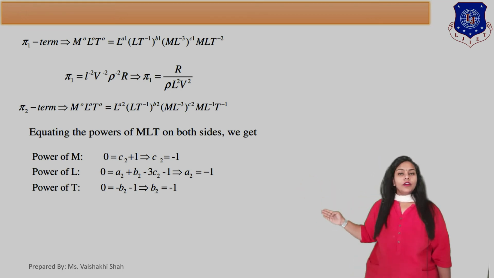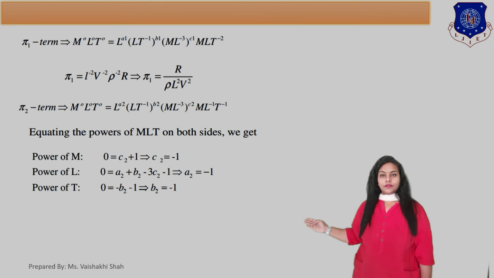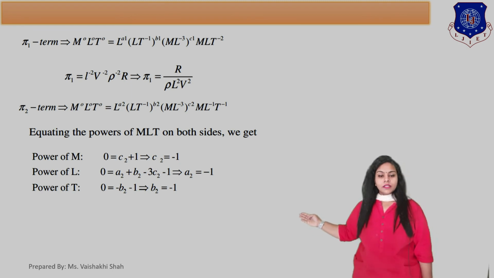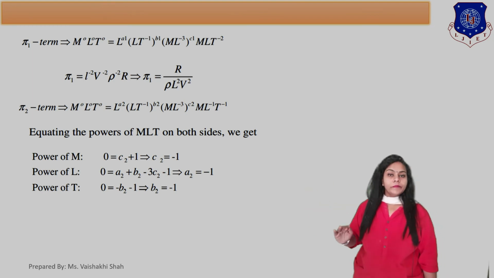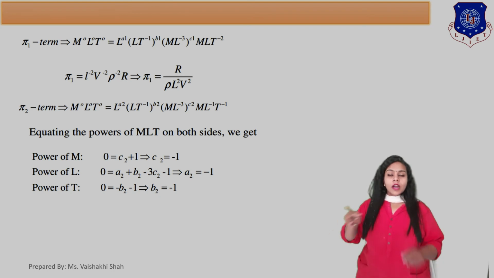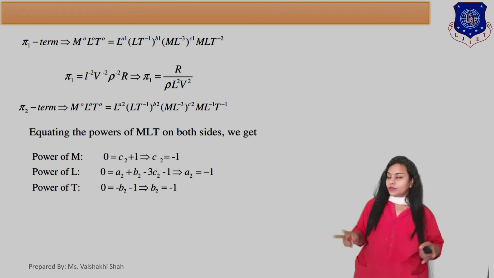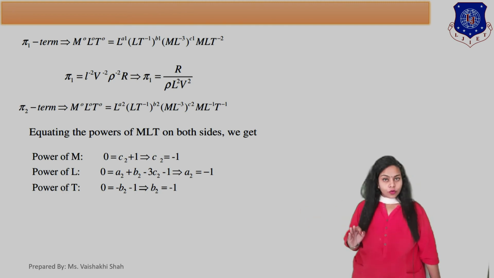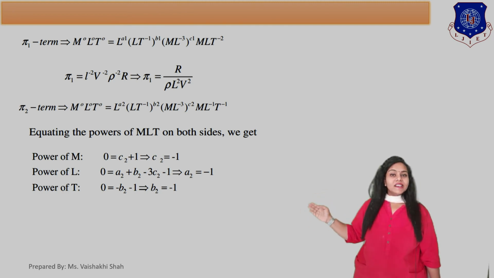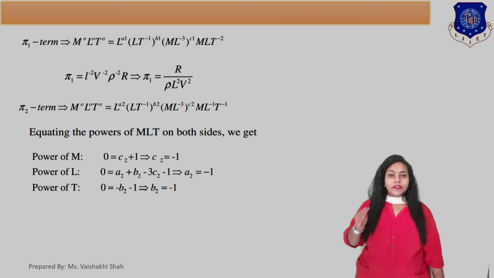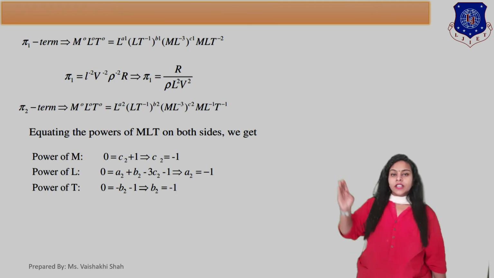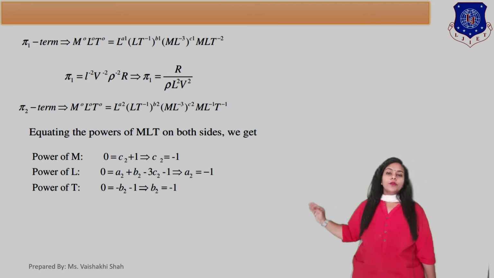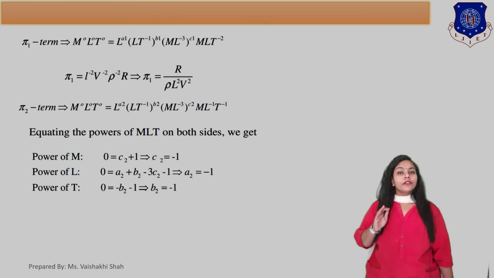Power of T: 0 equals minus b2 minus 1, so b2 is minus 1. Power of L: 0 equals a2 plus b2 minus 3c2 minus 1. Placing c2 and b2, you get a2 equals minus 1.